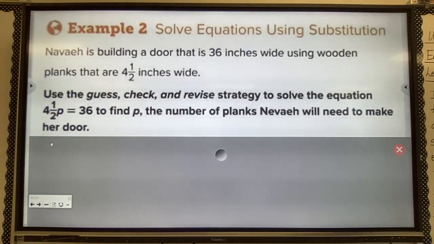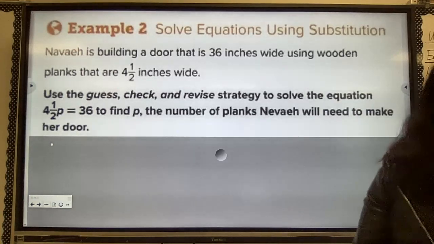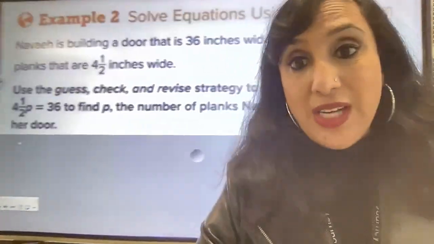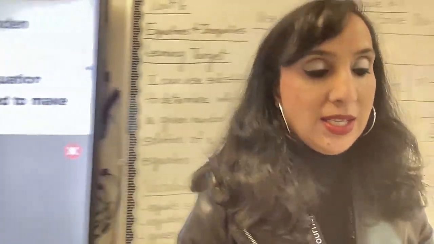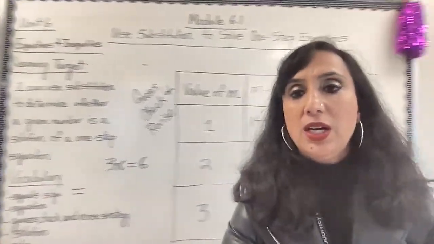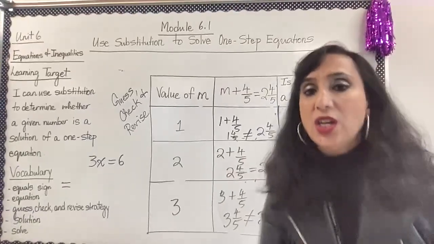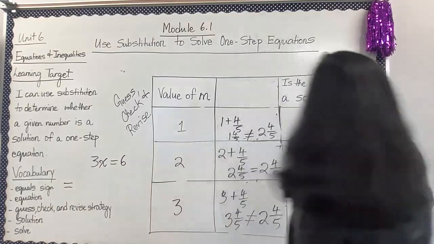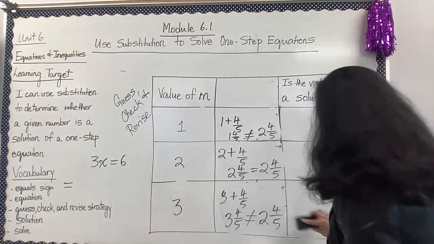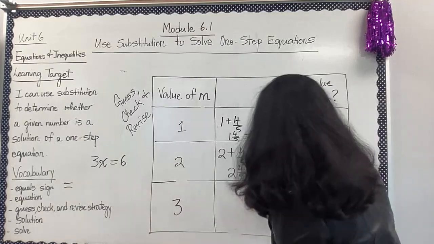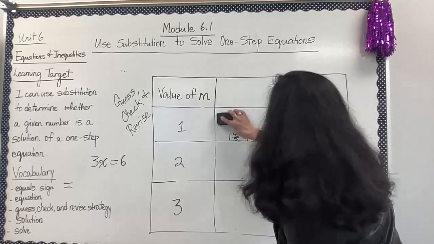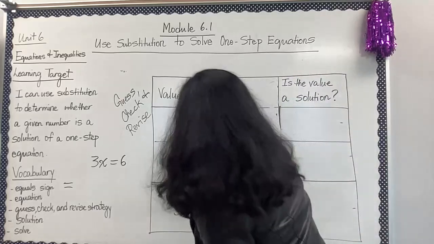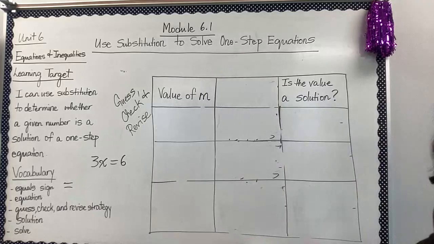So if we are using the guess, check strategy, I'm just going to go back because I always prefer a table. It is organized. I am just going to change the equation over here, to see if it is a strategy where we can guess, check, and revise.